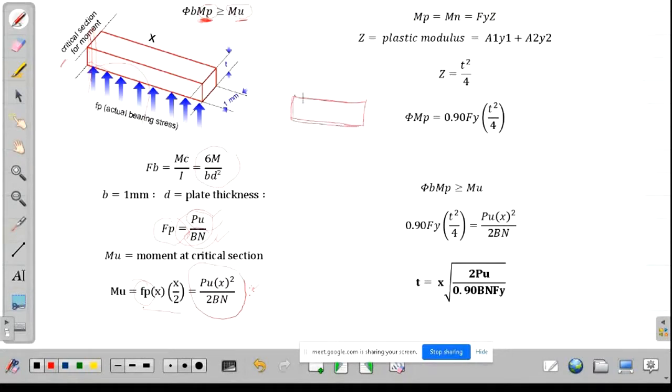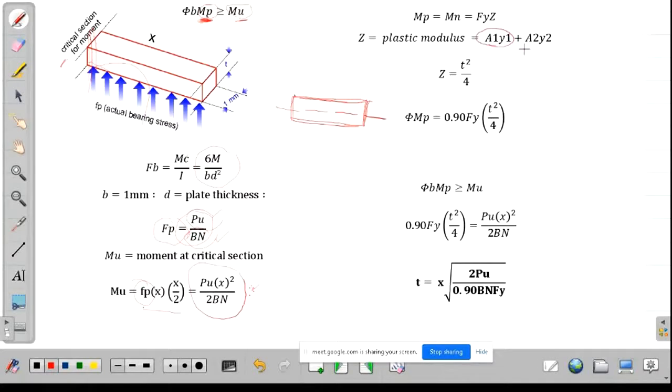So if we have here our strip, ito yung neutral axis natin. Yung Z is the plastic modulus that is statical moment of area above plus yung static moment area below.